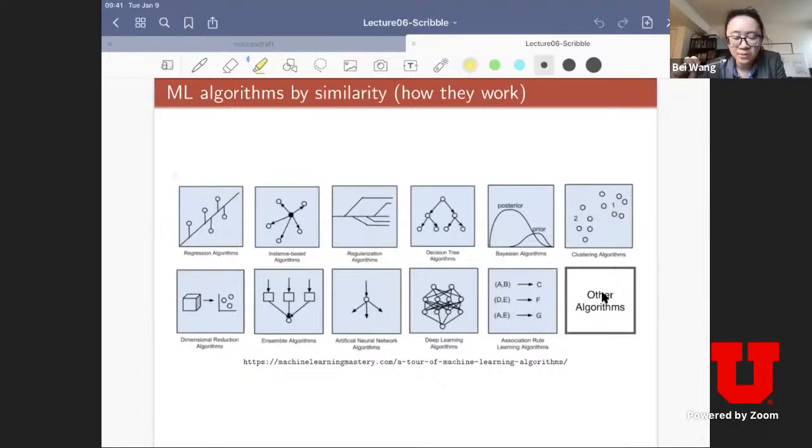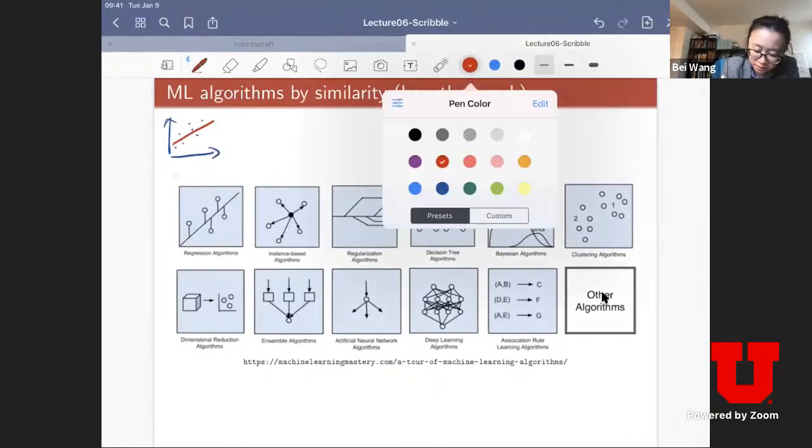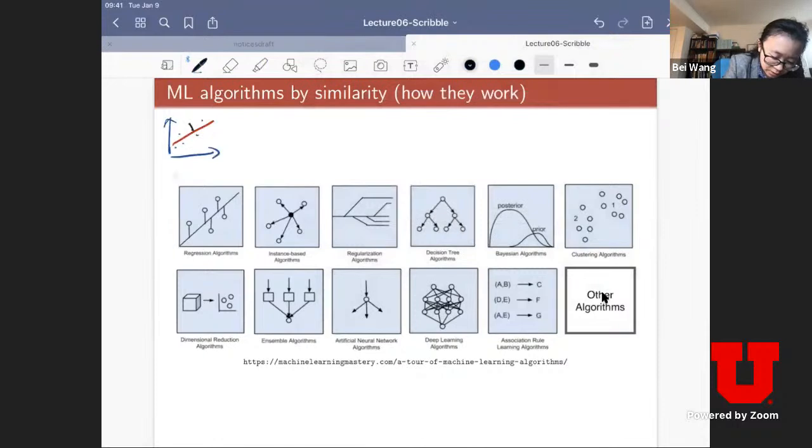So the first aspect, remember, is regression analysis. Remember we talked about this mental picture where you have a bunch of points, and linear regression tries to find the best fitting line or best fitting hyperplane, right? The idea is that, in some sense, you want to reduce the distance to this boundary, okay?